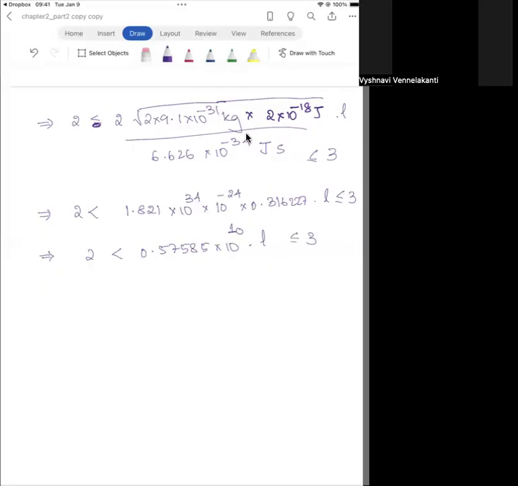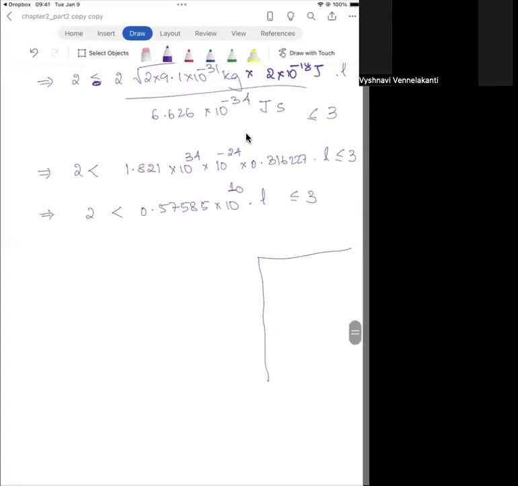So this is what we have, and I realized that along the way we left out the units, so it's important to add the units. Let's do the dimensional analysis here again. I believe we have done this a couple of times in the previous problems as well. Joule second is going to be kg meter per second.